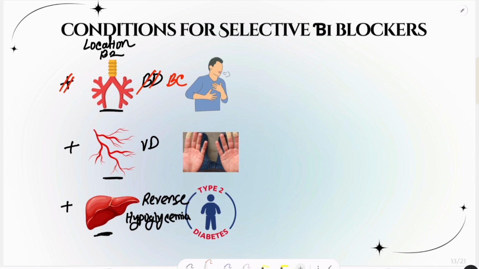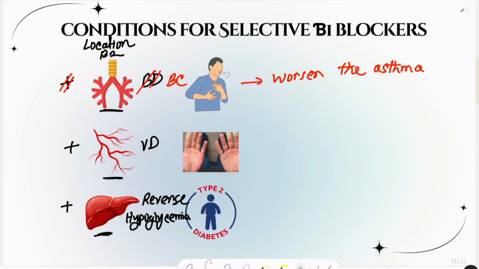Now, if we block the beta 2 receptor on bronchus, that will lead to bronchoconstriction instead of bronchodilation. And in asthma, we know that the bronchus is already constricted. So if we block the beta 2 receptor in a person with asthma, that will worsen the asthma condition.